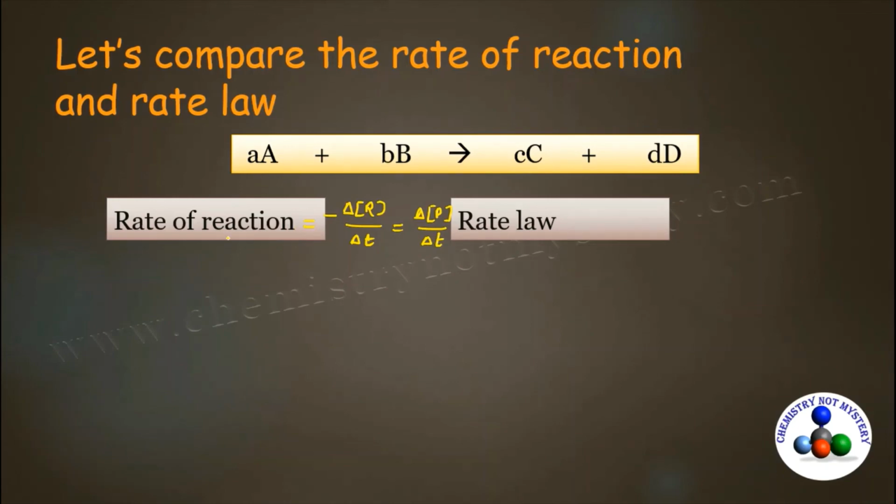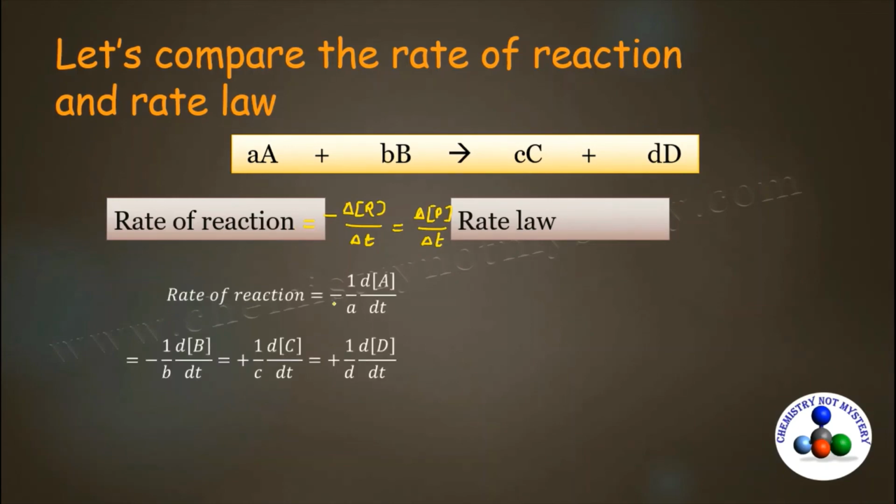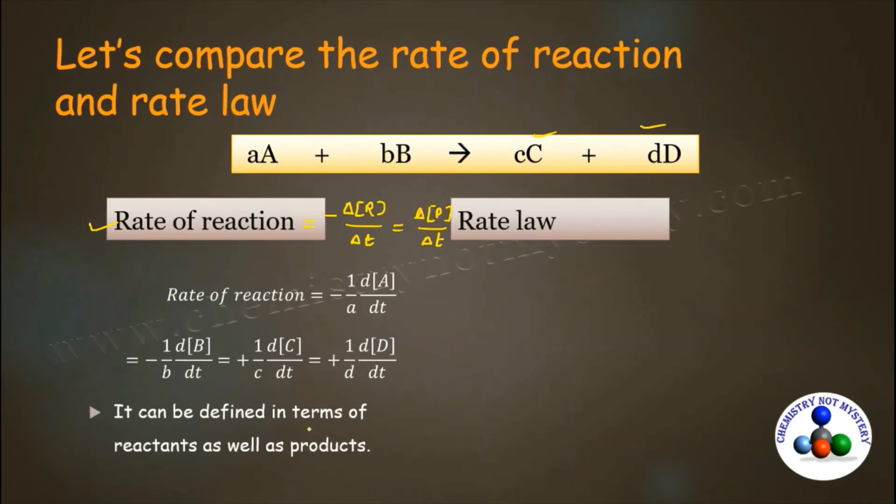So for this given equation, when you write the rate of reaction, you will get minus 1 by a dA over dt, or it can be equal to minus 1 upon b dB over dt. When you express the rate of reaction in terms of products, you will get plus 1 by c dC over dt, or it can be equal to plus 1 by d dD over dt. That means rate of reaction can be expressed in terms of reactants as well as in terms of products.